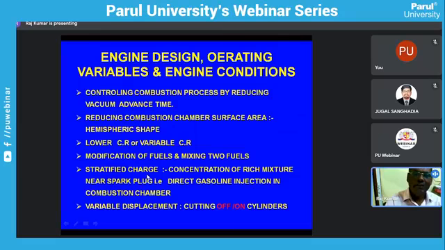Stratified charge we have already discussed. Variable displacement means when we require or don't require, we can cut off or cut on some of the cylinders which are firing in our vehicle. By that we can control our pollution. So this is the first step of engineering.